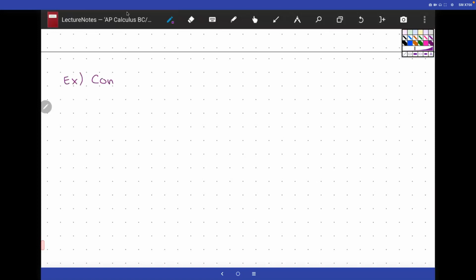We're going to consider these. We're going to do 3 of them. We're going to look at C of t equal t cubed, t to the 6th. We're going to look at C of t being t squared, t to the 4th.